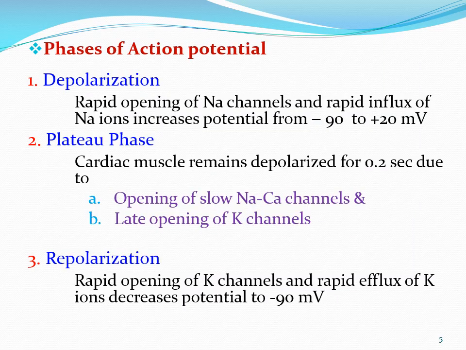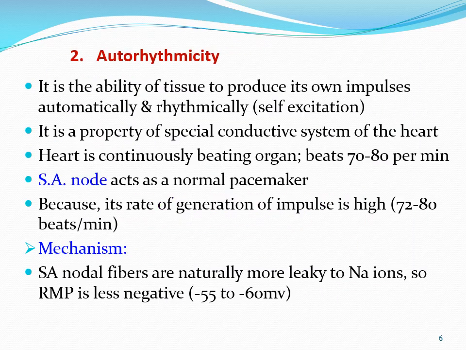Students, now coming to the next property, autorhythmicity. What is autorhythmicity? The definition is the ability of the tissue to produce its own impulses automatically and rhythmically, and it is called self excitation.